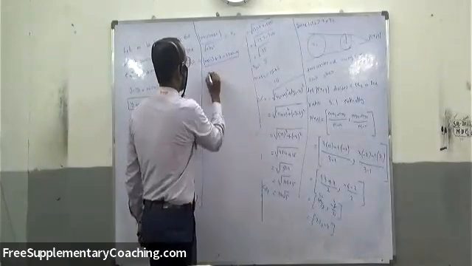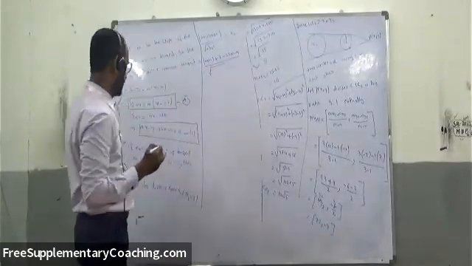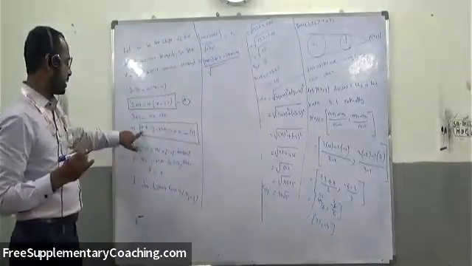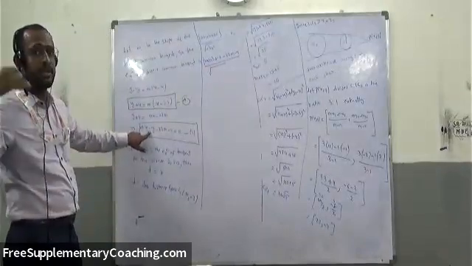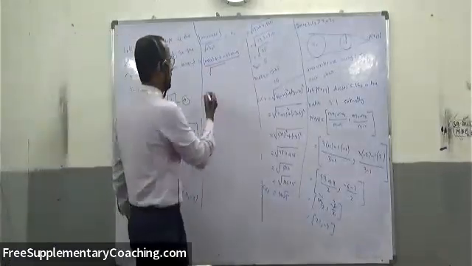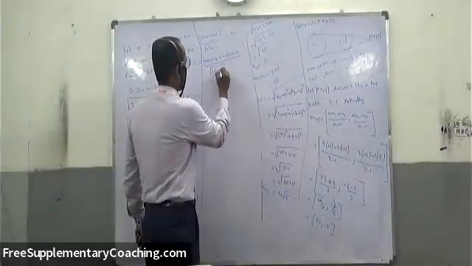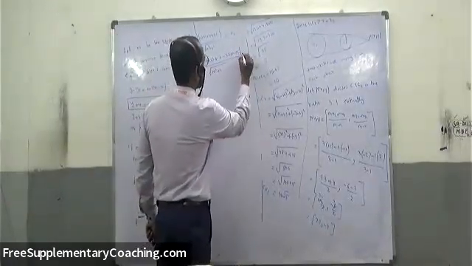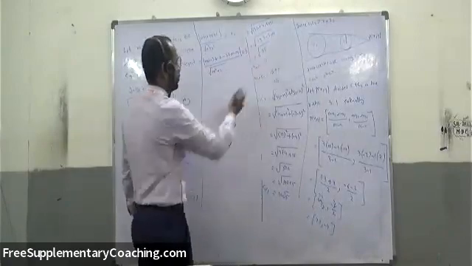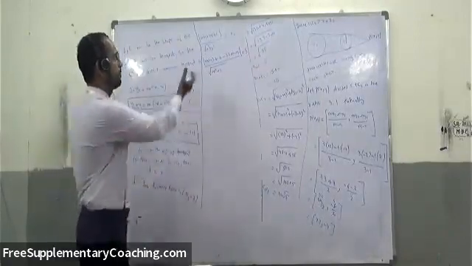Divided by root over a square plus b square. A square is m square, b square is -1 square, that is 1. Directly I am writing m square plus 1. Mod, close. R2, that is radius 2, is 5. So simplify the numerator here.